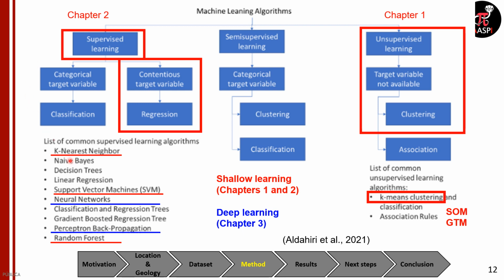I used k-nearest neighbors, support vector machines, and random forests. And in the third chapter project, I'm going to explore deep neural networks.